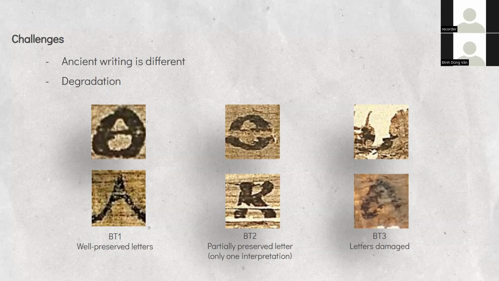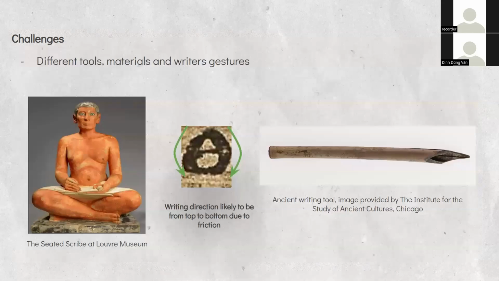The way we write the characters is different, and so are the degradations. There is also the difference in the writer's gesture; different tools and materials create different referencing that creates constraints on the writing.